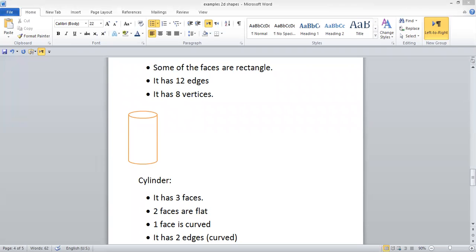There is no vertex in a cylinder, as I showed to you. If we talk about cuboid, how many faces are there in cuboid and cube? There are 6 flat faces in cube and cuboid, 8 vertices, 12 edges.